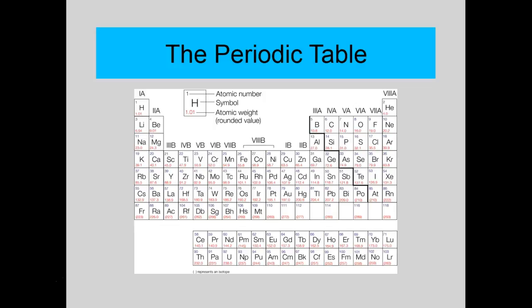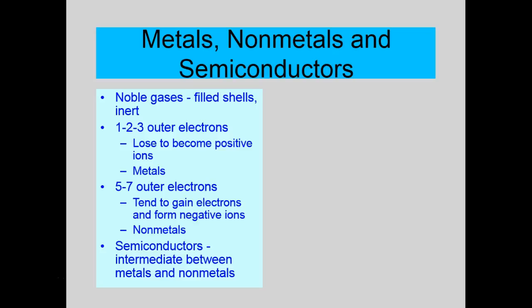Silicon Valley. There it is. It's a semiconductor, okay? And so that's where the one in the book actually colors them. The blues are your metals. The grays or tans or whatever you want to call that are your non-metals, and the greens are your semiconductors. Intermediate between metals and non-metals. Okay?